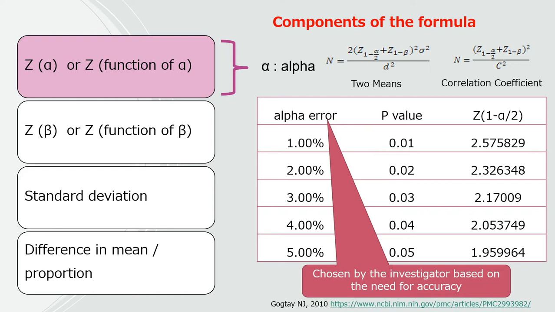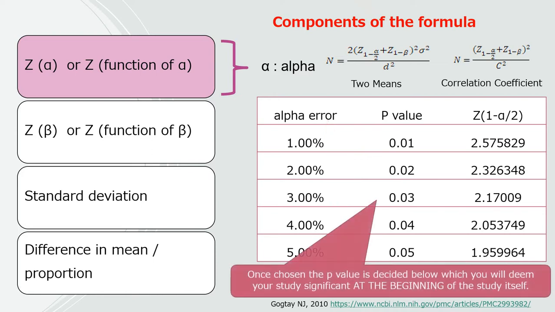The investigator decides how strong you want your results to be. Similarly, once the alpha error is chosen, the corresponding p-value becomes your set level of significance. So suppose you keep an error of 5%, then your p-value will be set at 0.05, which is the conventional standard. But if you set your error at 1%, your p-value will become 0.01.